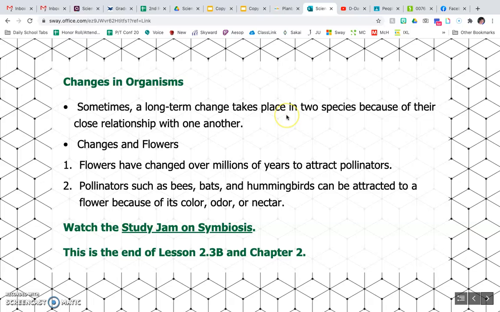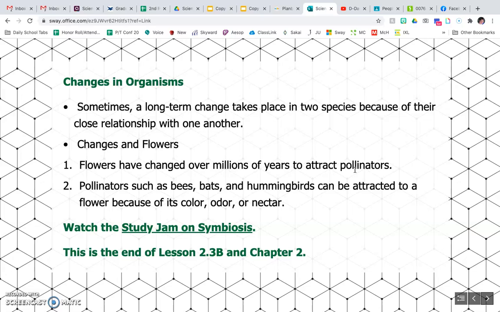Sometimes a long-term change takes place in two species because of their close relationship with each other. For example, if you go back and you kind of buy into the whole theory of evolution, then they say that flowers have changed over millions of years to attract pollinators. It's okay if you don't buy into the theory.